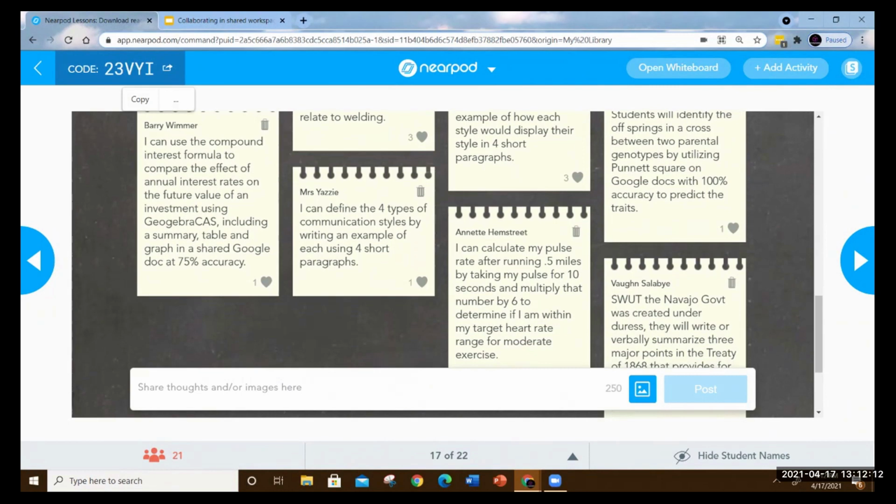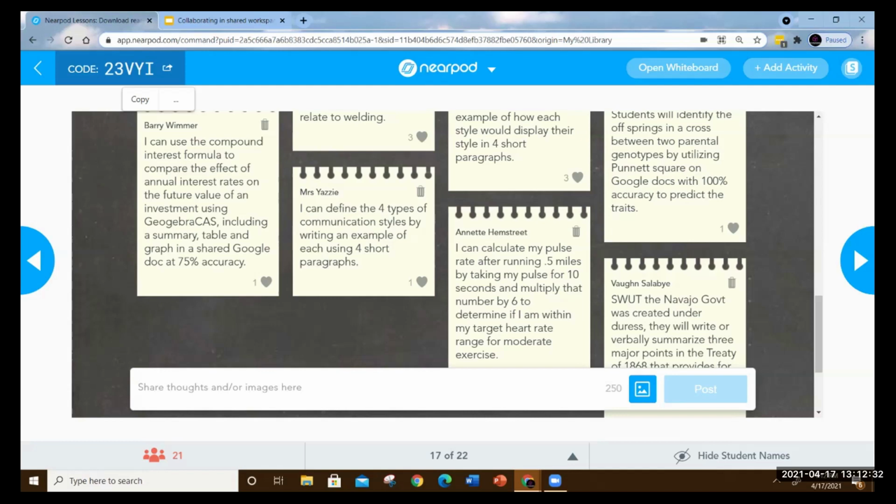Because defining something is being able to say what they are and what it means. Whereas when you're talking about writing 4 short paragraphs, you want them to write a paragraph in a communication style, right? Those are really 2 separate skills.